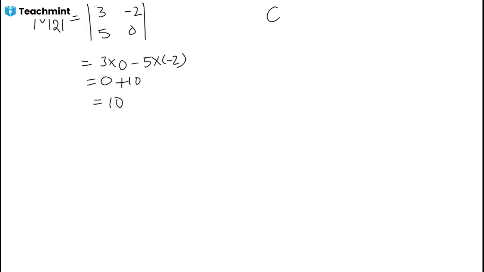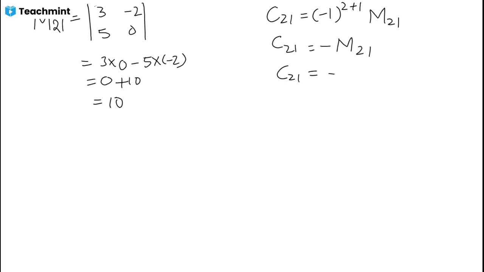Now C21 is minus 1 to the power 2 plus 1 into M21. So obviously we have odd power. So we have minus M21, which is C21. C21 is equal to minus 10, because the value of M21 is 10. Now let us find M22.